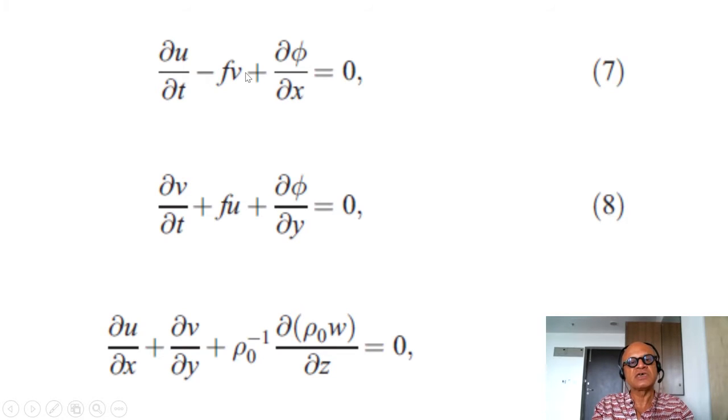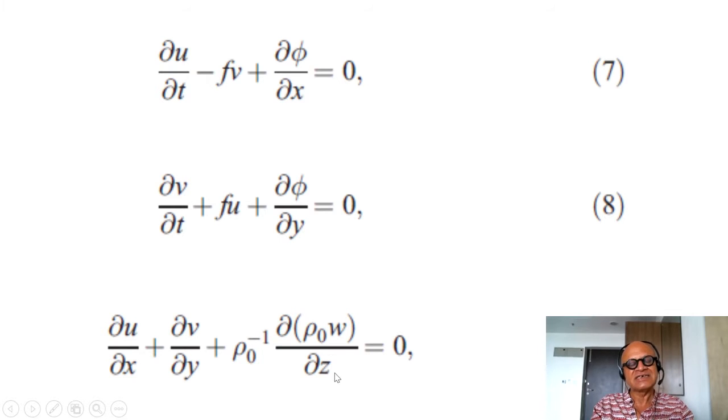So you start with the familiar zonal and meridional momentum equations, which are linearized around a background state that is still stationary. And now we have the vertical structure, so we have the continuity equation with the vertical term shown here.